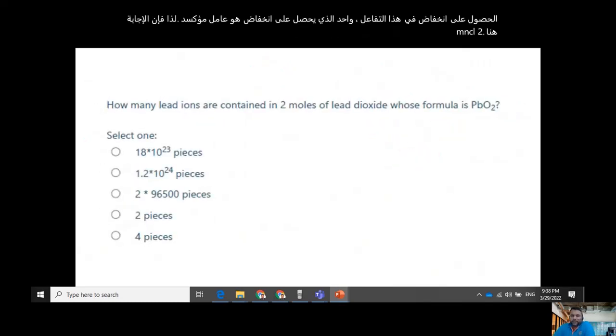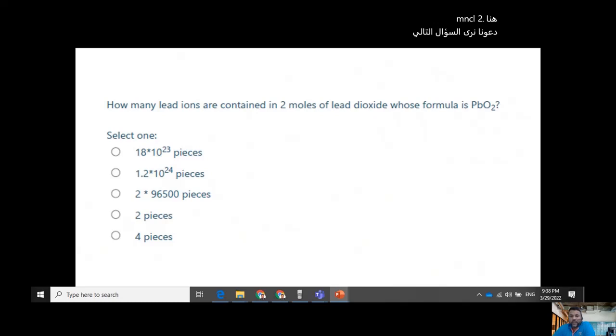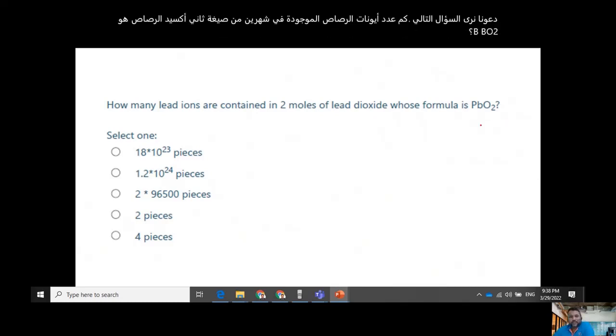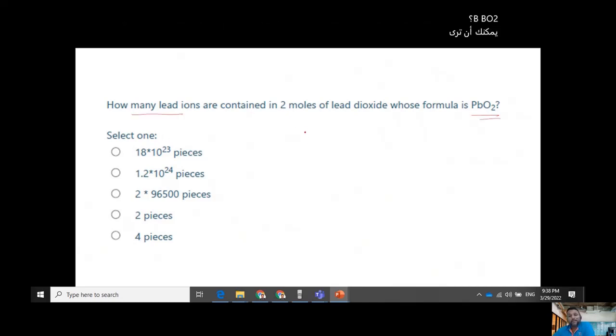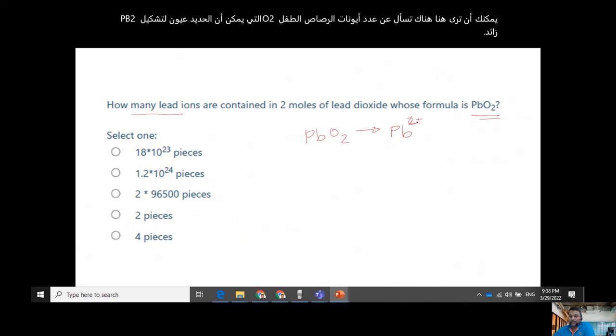Let's see the next question. How many lead ions are contained in 2 moles of lead dioxide, whose formula is PbO2? They are asking for how many lead ions. PbO2 can ionize to form Pb4+ and O2-.